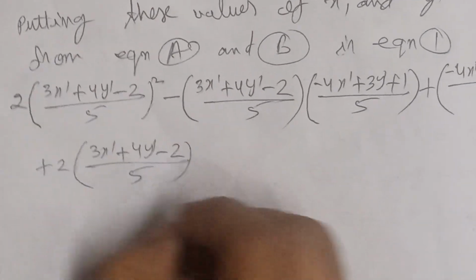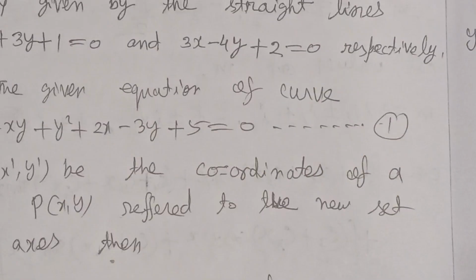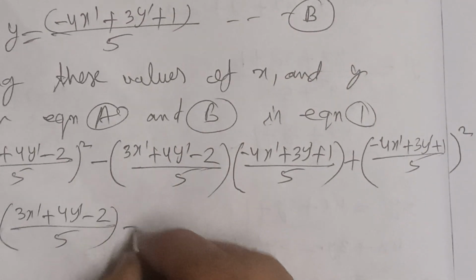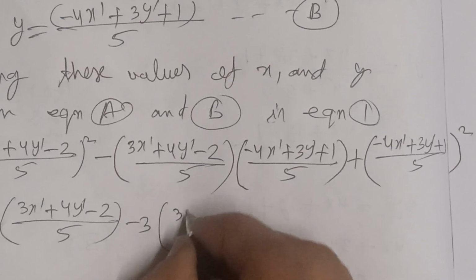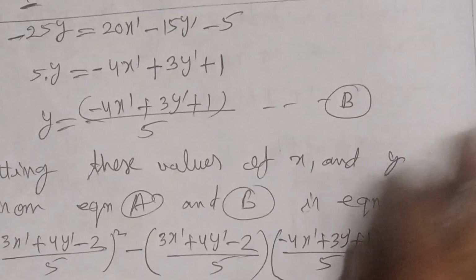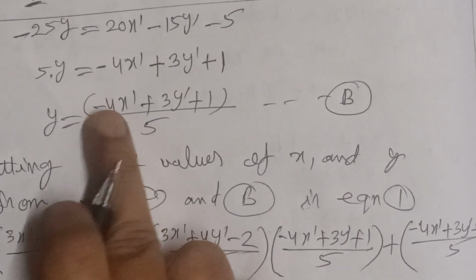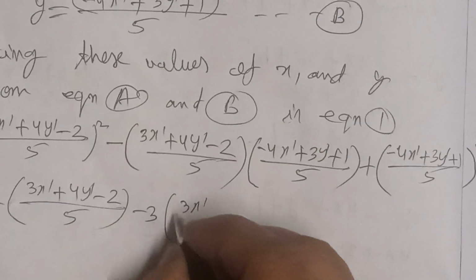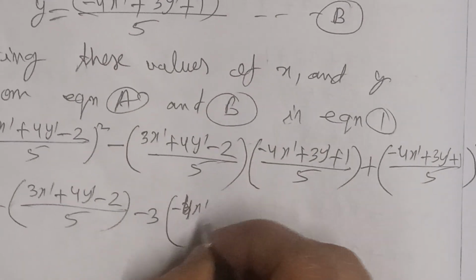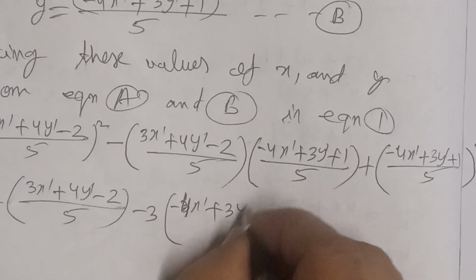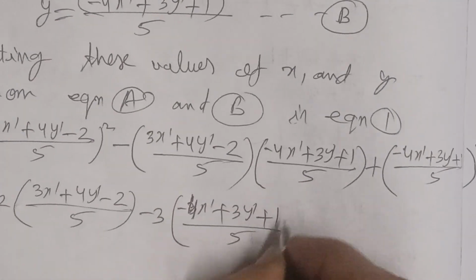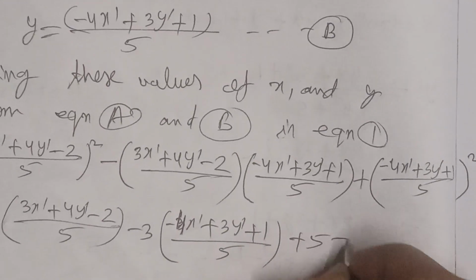And minus 3y, where the value of y is minus 4x' plus 3y' plus 1 upon 5. Plus 5 is the last term, and the right hand side is equal to 0.